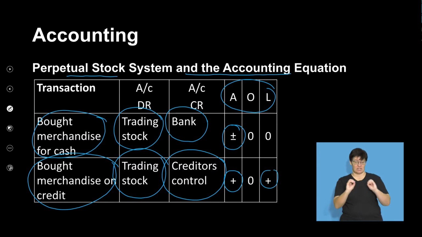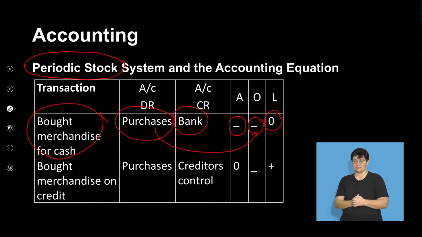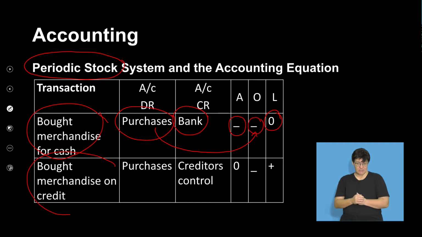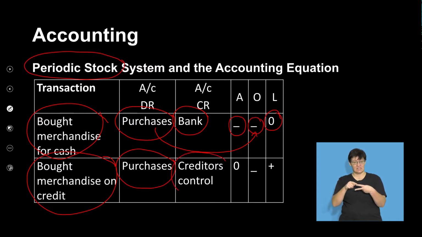Let's take that same transaction and apply it using the periodic system. Watch. Bought merchandise on credit. Account debited is purchases. Account credited is creditors control. Notice the change. Instead of using a trading stock account, whenever we're dealing with periodic, we're using the purchases account.